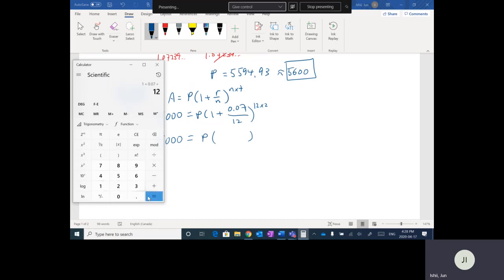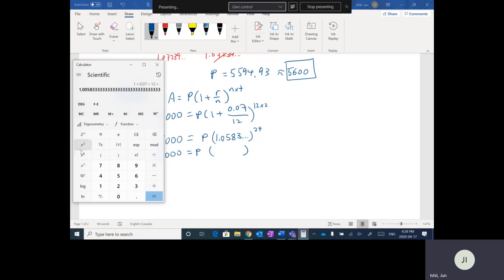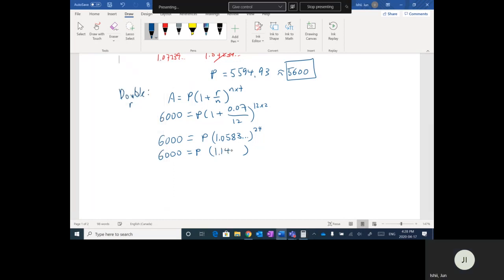Okay, so 1.0583 dot dot. And the exponent still is 24. So what's that number there? We'll raise it to the 24th power. 4.149 dot dot dot. Okay.